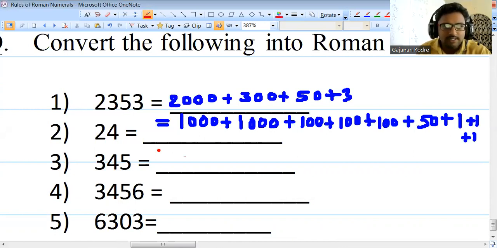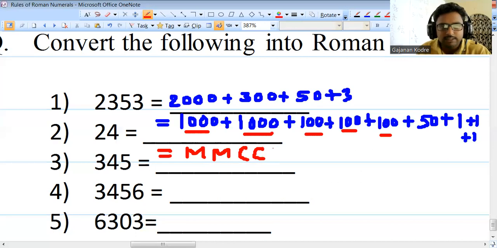For 1000, it is M. For another 1000, it is again M. For 100, it is C. For 100, it is C. For 100, it is C. For 50, it is L. For triple one, triple I. So this will be the Roman numeral for your first number.